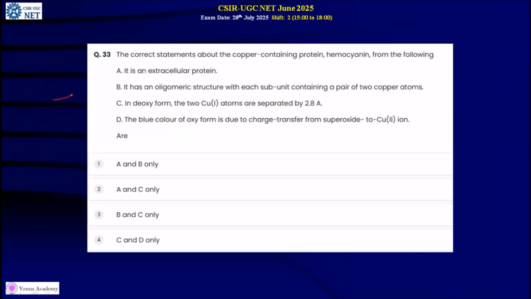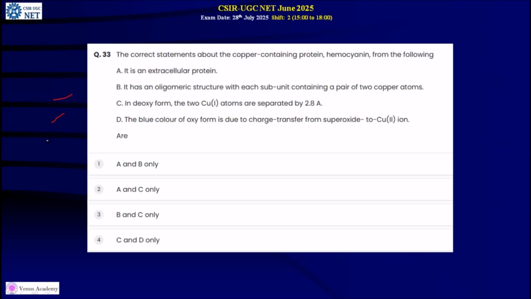question number 33. The correct statements about the copper containing protein hemocyanin from the following: statement A, it is an extracellular protein. Statement B, it has an oligomeric structure with each subunit containing a pair of 2 copper atoms. Statement C, in deoxy form the 2 copper I, that is copper 1 atoms are separated by 2.8 angstroms.